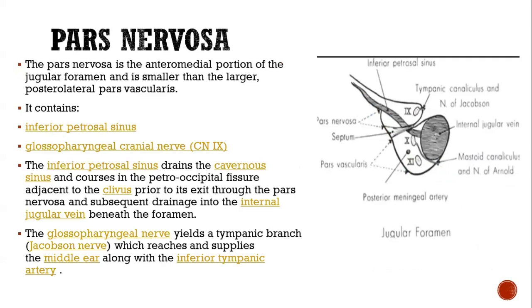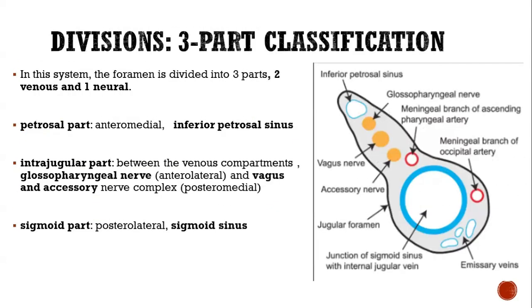Now the reclassification divides it into three compartments. The most medial one is the petrosal part, the middle one is the intrajugular part, and the lateral one is the sigmoid part. So they divided it into venous compartments and the middle one is the nervous compartment.